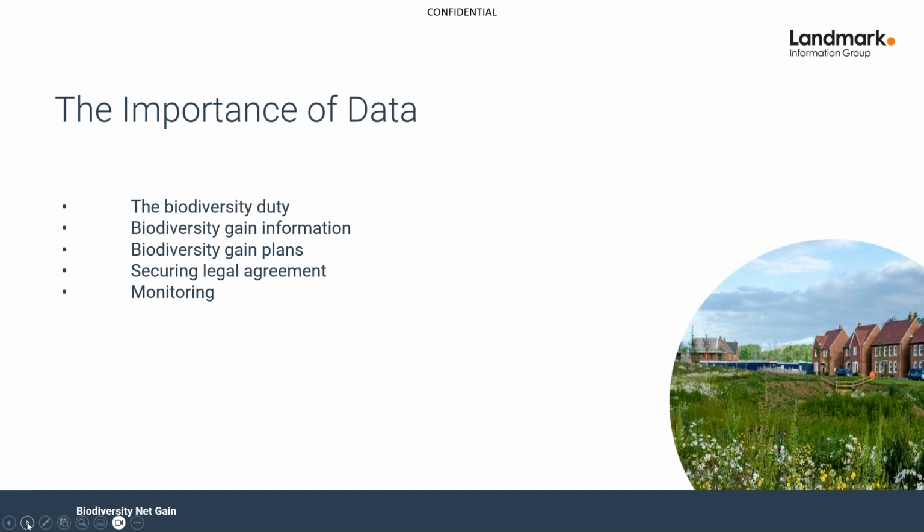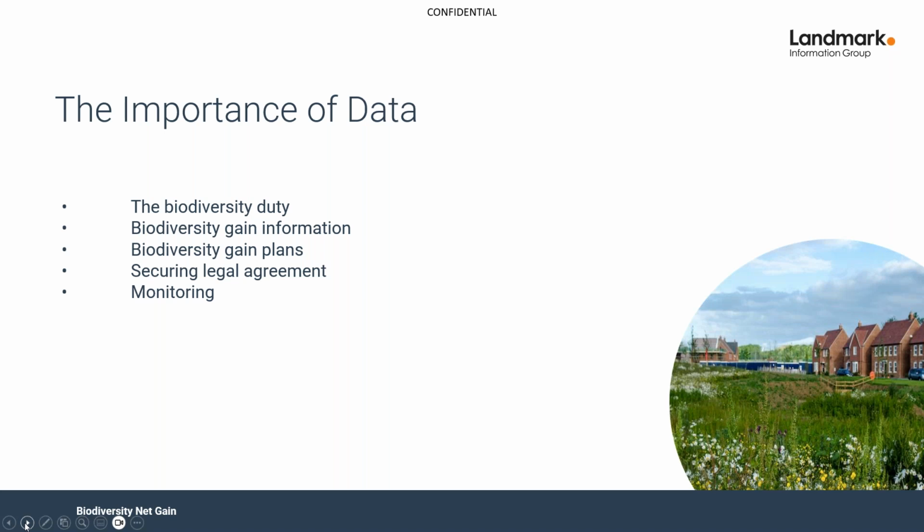So I just want to very quickly talk about the importance of data. It's very important to understand that local planning authorities have a biodiversity duty under Section 102 of the Environment Act 2021. And that's rather a proactive duty in terms of identifying opportunities for biodiversity gain, communicating this whole net gain process to the development community, and even facilitating net gain by perhaps matching landowners with developers.